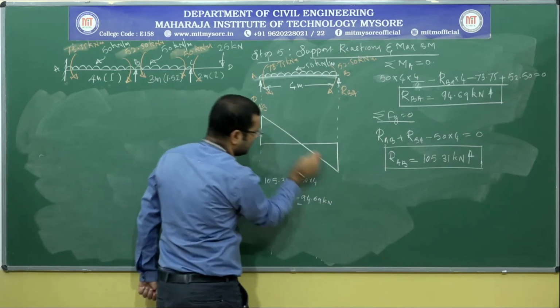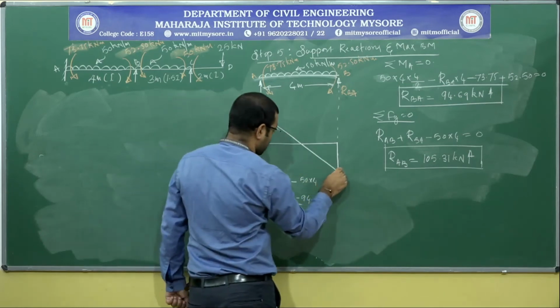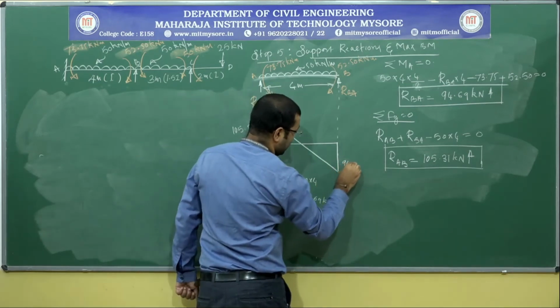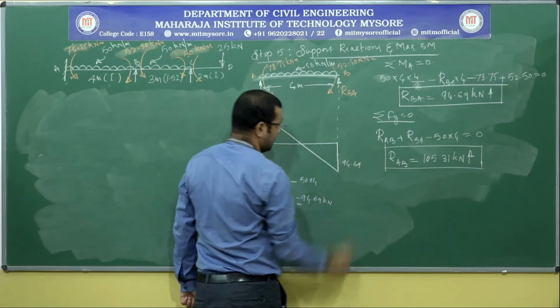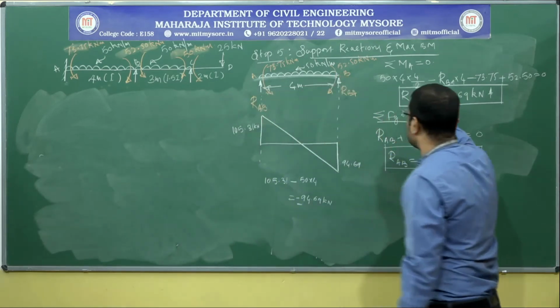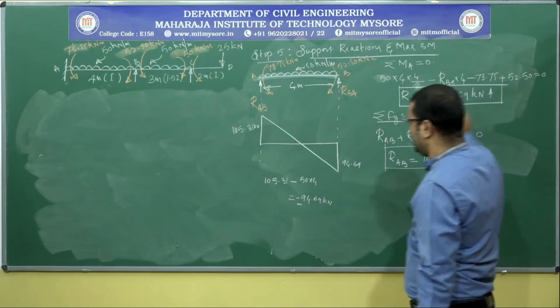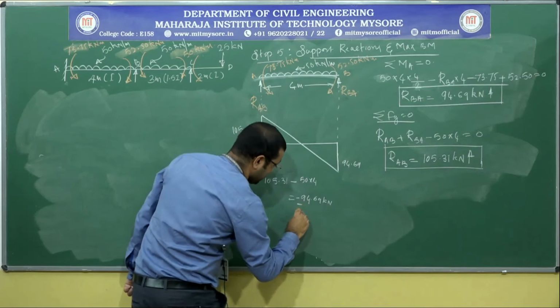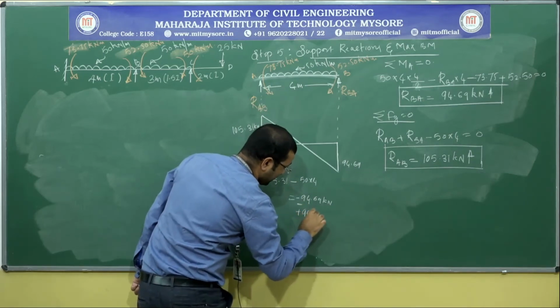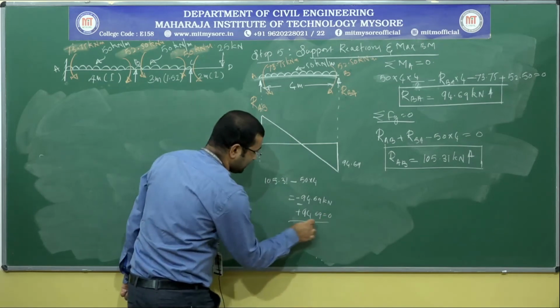Negative value means I have to take the shear force diagram to the negative side. So this is 94.69. But at point B we have another reaction, that is RBA, which is plus 94.69. So minus 94.69 plus 94.69 is equal to 0.